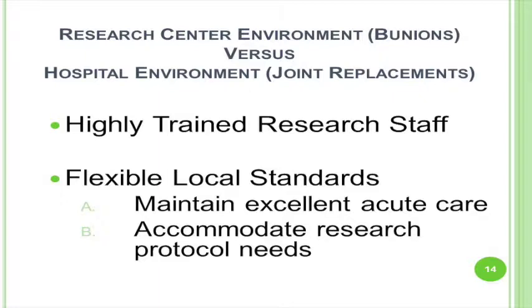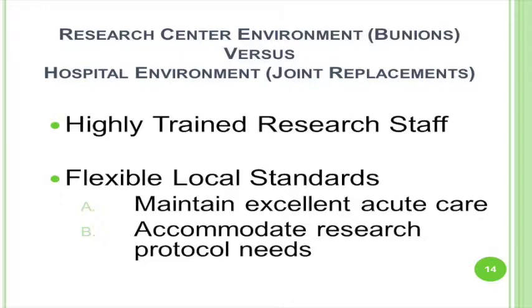In acute surgical pain research of any sort, there are two masters. One is clinical care of the patient, and the other is the study protocol. In a hospital environment, it's very clear which of these priorities will win out, and that is local care. In a research center, it's absolutely imperative that the subject receive excellent medical care. But the manner in which that care is achieved is much more flexible than one would find in a hospital environment.